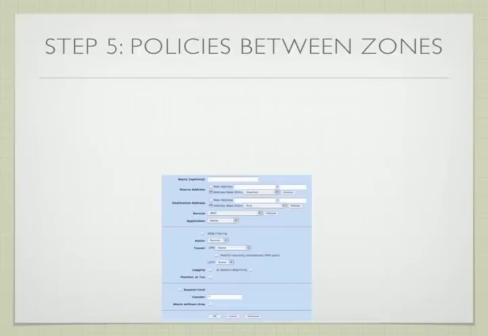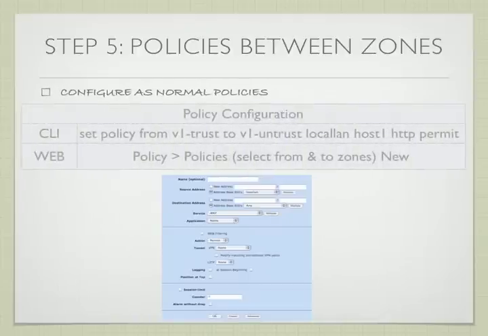Policies are created exactly as per the normal procedures. So you're going to do set policy from zone to zone, the address objects involved, the service involved, and either permit or deny. And this will apply then to the policies between zones or intra-zone policies for the layer 2 policies.